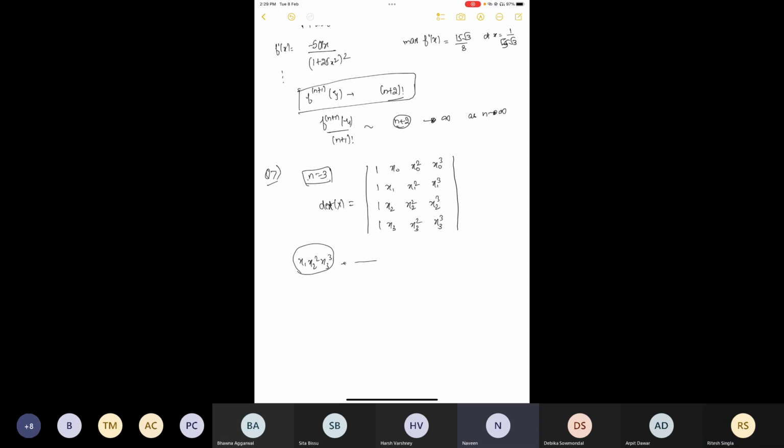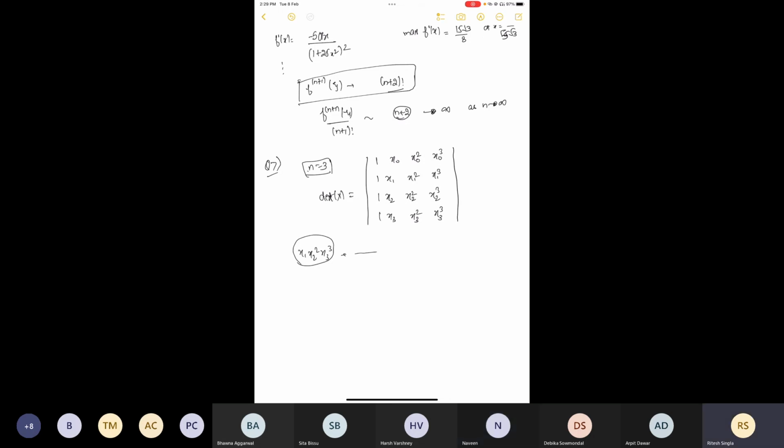What we can see is the highest degree of this polynomial can be what? 3 plus 2 plus 1, that is 6. It cannot cross 6, because you can just solve the determinant across column 1, right?